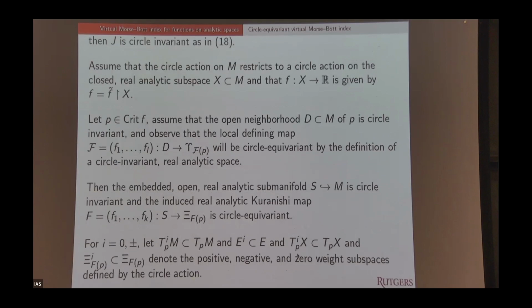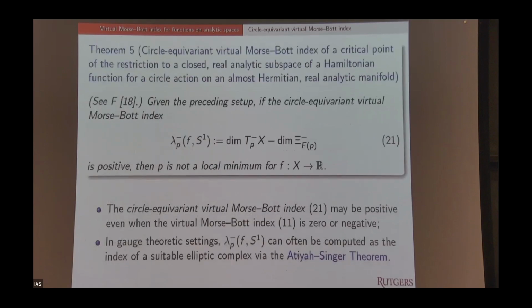All right, so with this setup, you can define a quantity that looks similar but is subtly different. Again, there is a Zariski tangent space, and then the Zariski tangent space breaks up into a zero eigenvalue space, a positive, a negative eigenvalue subspace, and this is the dimension that's relevant here.